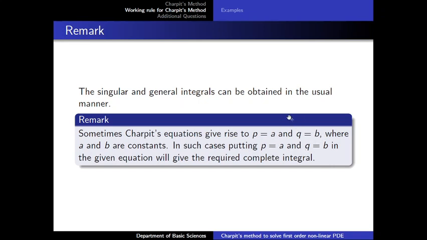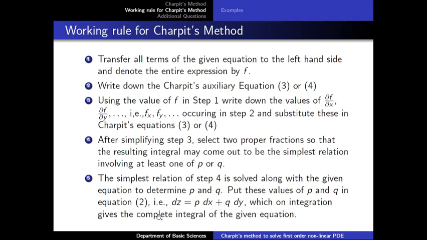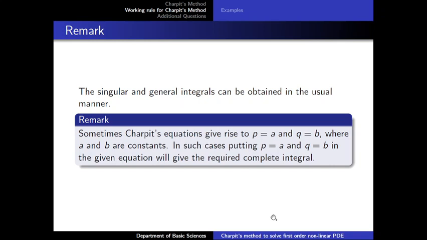If we get such a situation, then if we substitute the same in the equation dz equal to p dx plus q dy, it will reduce to dz equal to a dx plus b dy. The integral is going to be z is equal to ax plus by plus c. That is going to be a linear expression. That is the solution of every partial differential equation of this type.